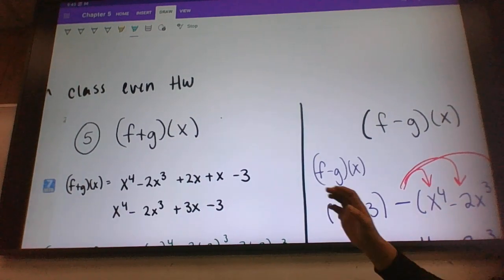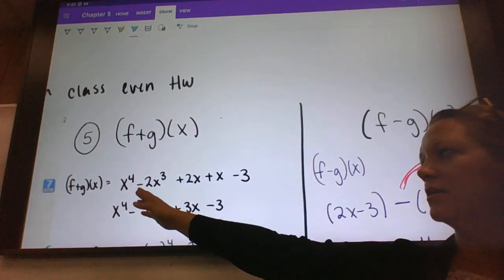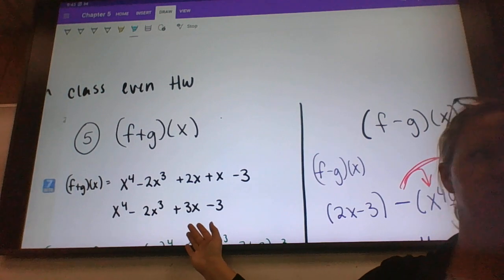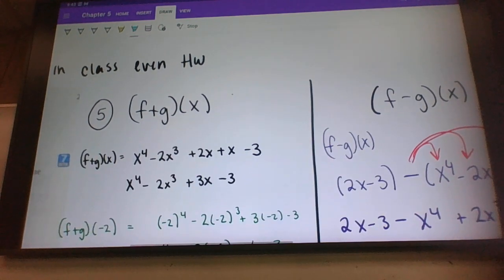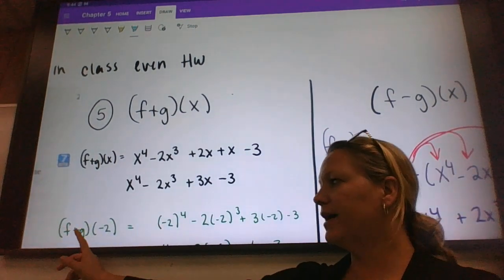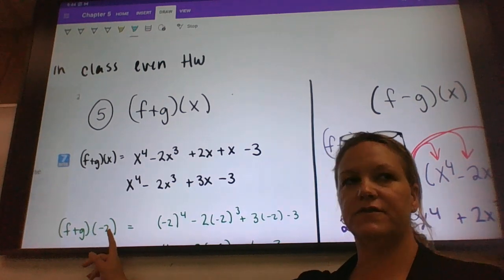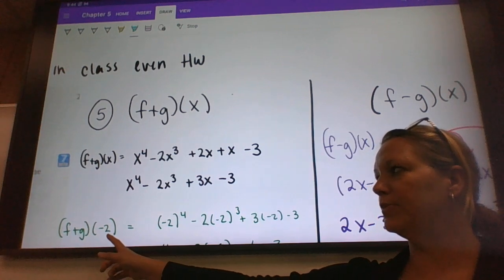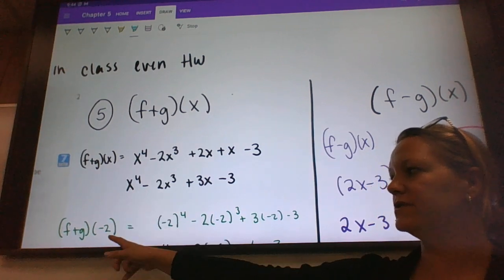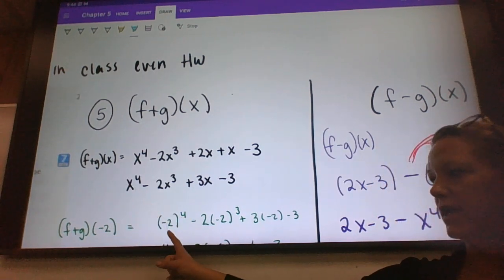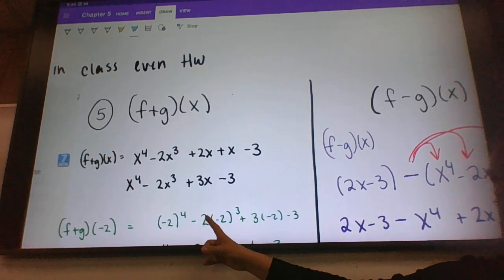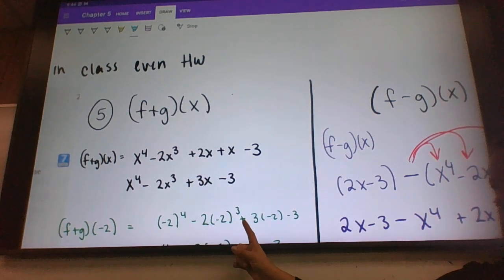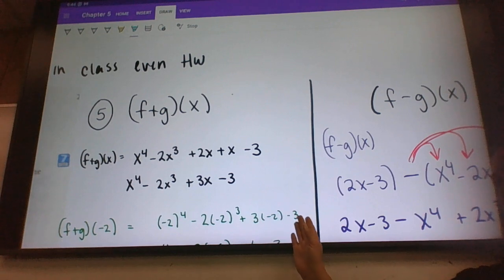So f added to g, combined like terms, I get this, right? Then it says find f plus g of -2. So I take this sum and I plug in -2 for x. So I have -2 to the 4th minus 2 times -2 to the 3rd plus 3 times -2 minus 3.